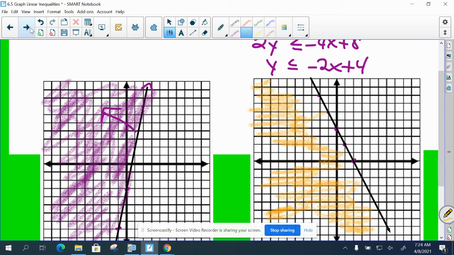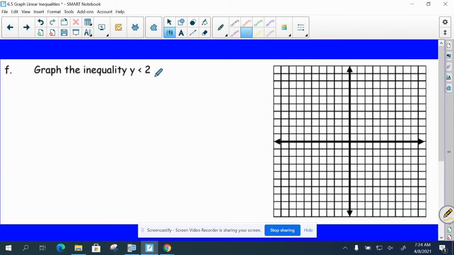All right. So how about y is less than 2? Remember to think of it as replacing this with an equal sign. So it'd be y equals 2. What does y equals 2 look like? Well, y equals a number is a horizontal line.